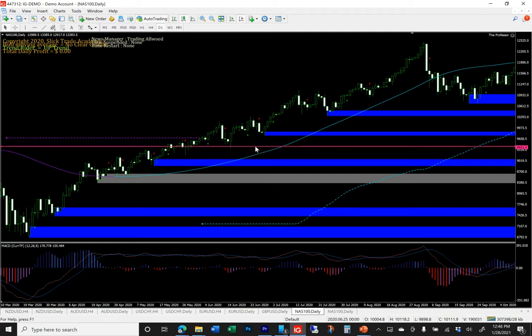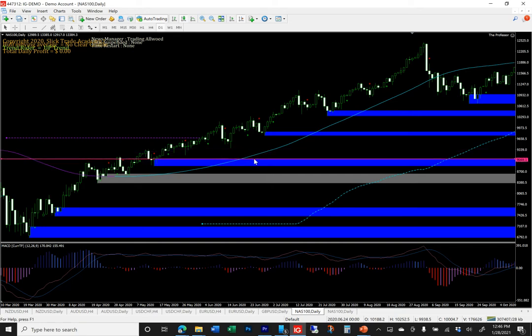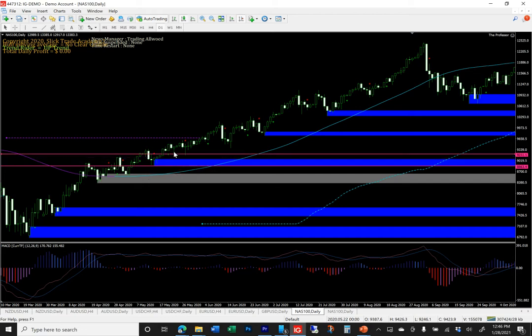And what I like to do is identify zones by using support and resistance. So for example, right here at the top of this zone and the bottom of this zone, these are some key levels, okay?